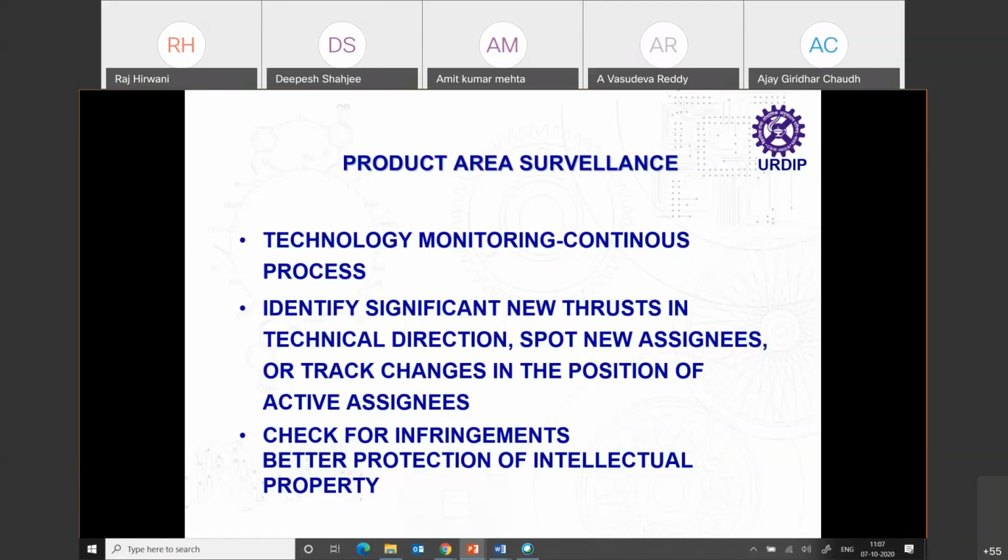If I'm continuously monitoring, I can identify both the trends: a new assignee, a startup sitting somewhere, or my existing competitor who has taken a new direction. You have to spot these trends early in the game.